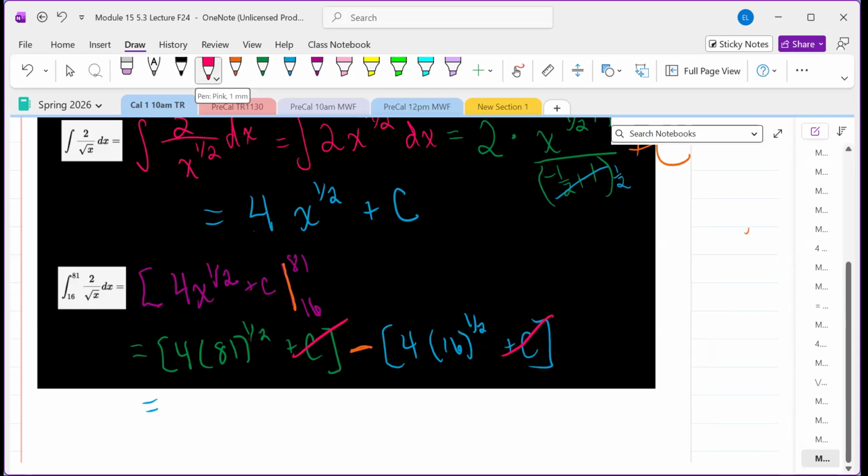So 81 to the 1/2 is 9. So I have 4 times 9 minus 4 times 16 to the 1/2, which is 4. So 36 minus 16 is 20.